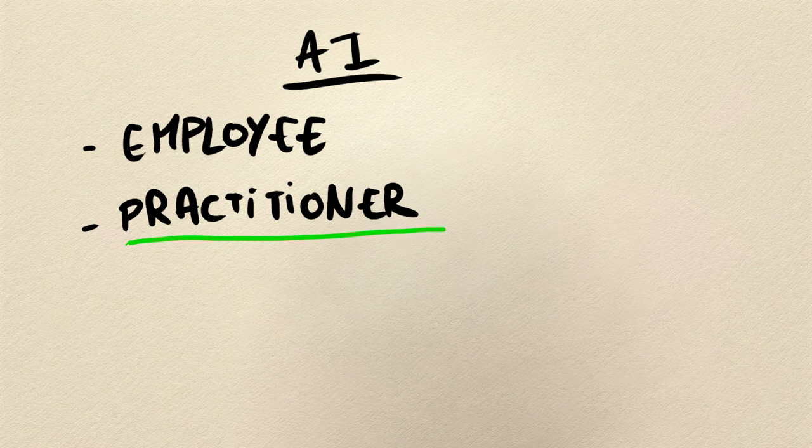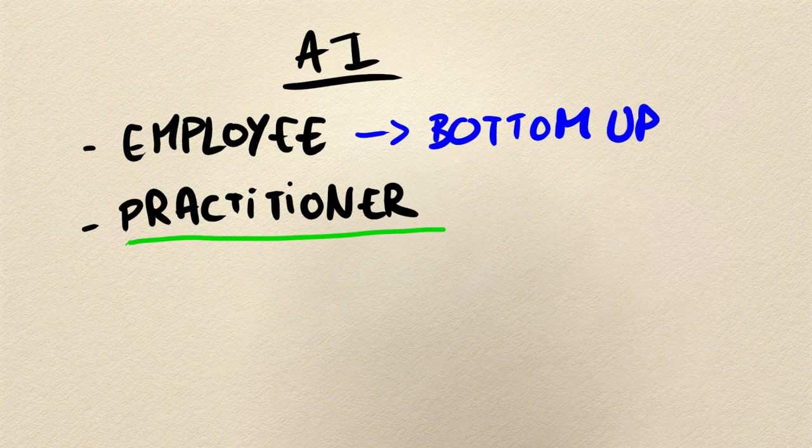So the first one, the employee, is about the bottom-up approach. What do I mean by bottom up? It means you learn a lot of different things, because you don't know the type of employer that you're going to have, and so you want to advertise a lot of different types of knowledge so that they can hire you.